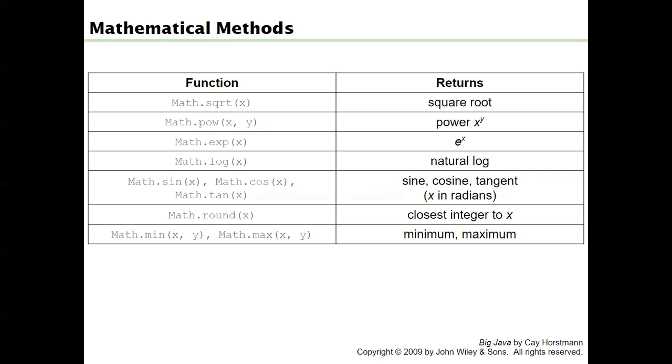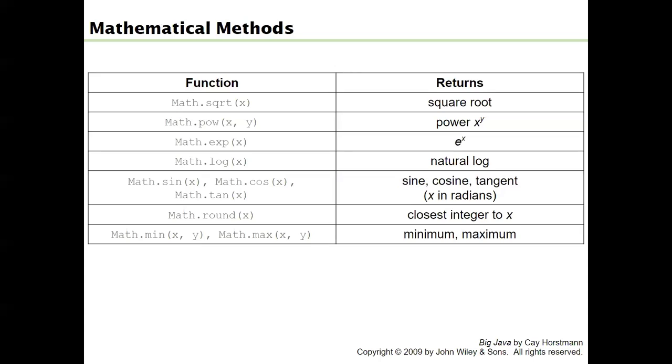If you want to round to the closest integer, you can just call Math.round. I'm not too sure about that one. I thought I saw somebody's code where they did Math.round and it rounded to the closest hundredth. So I don't know. It maybe depends on what you send in. And then minimum and maximum, you can pass in two numbers and it'll tell you which one's larger or smaller.